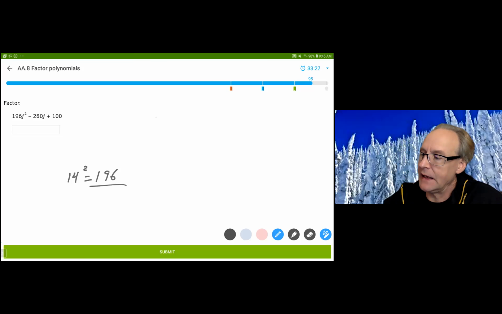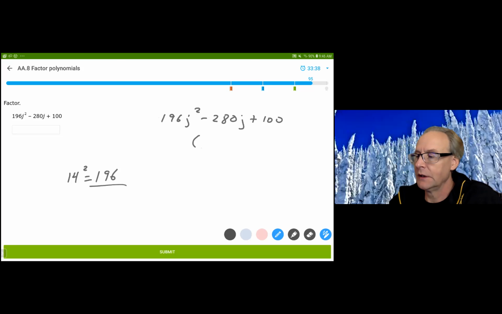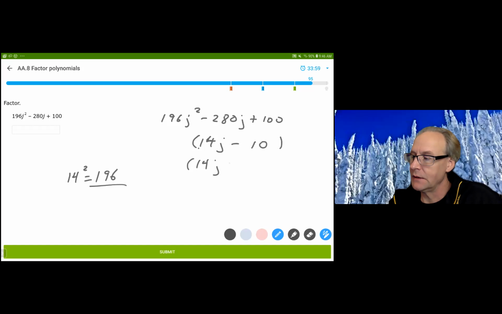So it happens that 196j squared minus 280j plus 100 is a perfect square trinomial because I have a 14j and I have a minus 10. But if I just write the 10, notice that 140 doubled is 280. And sure enough, it works out. It's a perfect square trinomial. I do have a negative in the middle, 14j minus 10. And that will give me the correct solution for this.